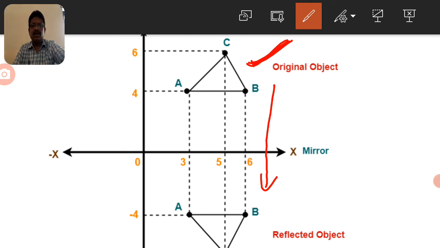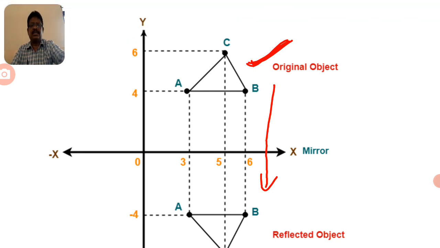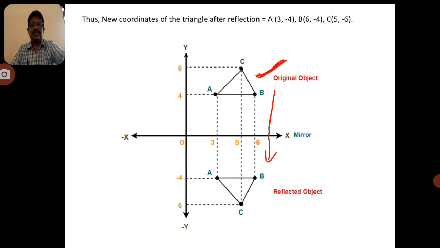The object is not changed; the only change is the position, 180 degrees in the opposite way. You have to observe that the similar object is displayed below the x-axis, because the given problem is the reflection taking place on the x-axis only, not on the y-axis. So that's why we can derive the final one. This is the reflected object.